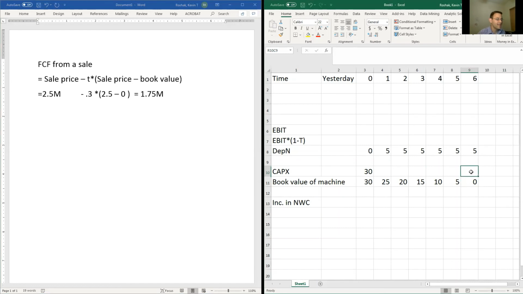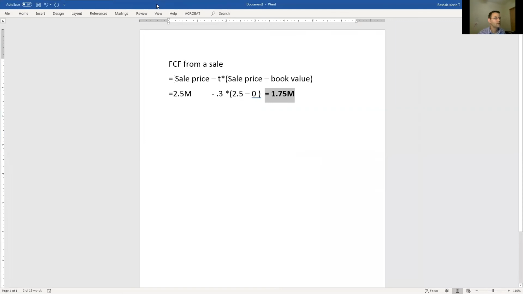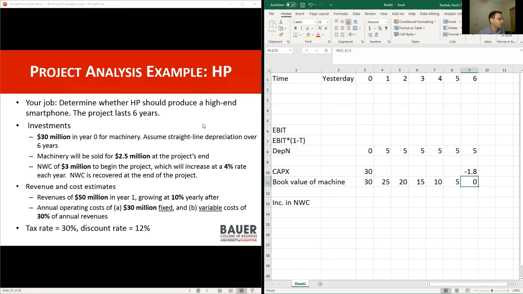Okay, so this is a negative CAPX of minus 1.75. It's going to round to 1.8. That's this number here, the free cash flow from the sale. Okay, so that takes care of CAPX and depreciation.